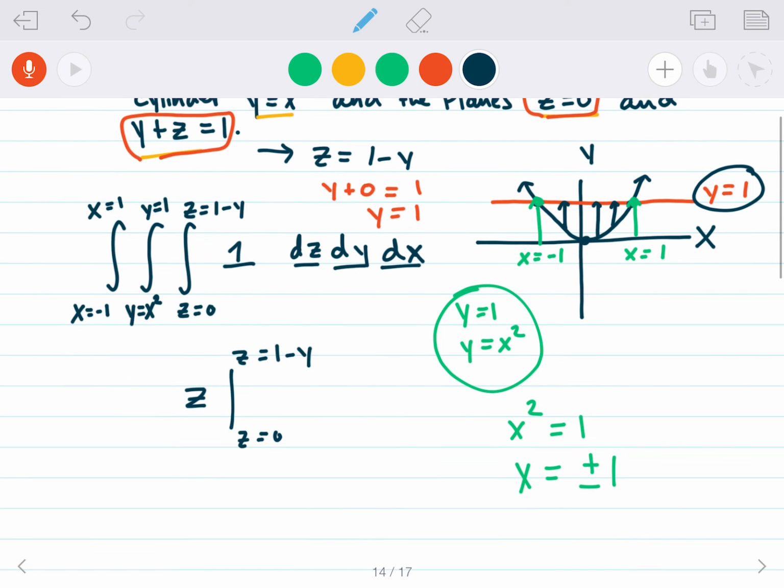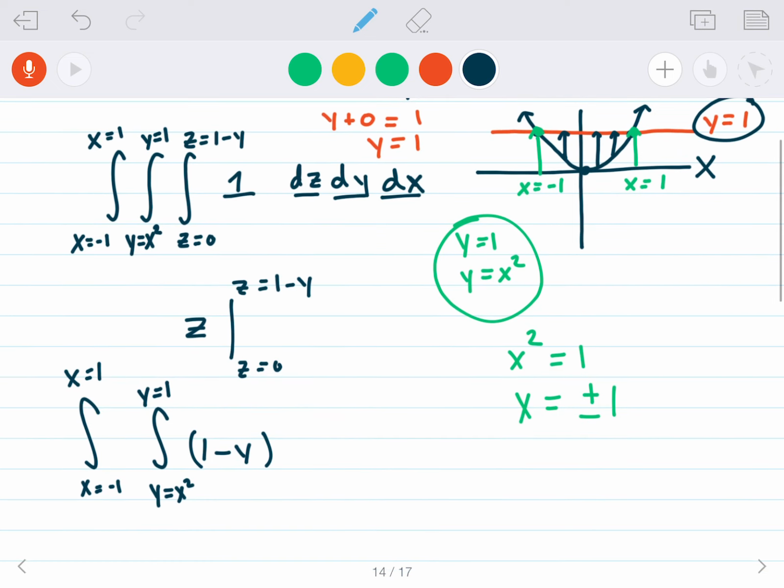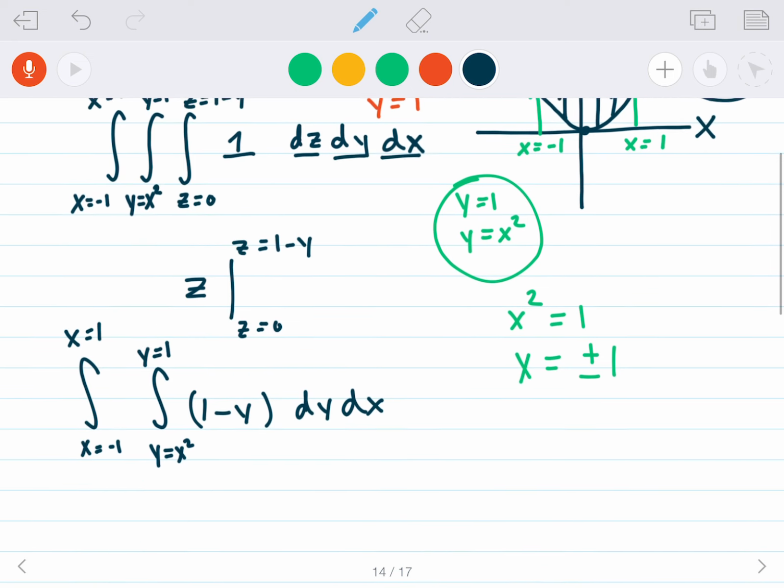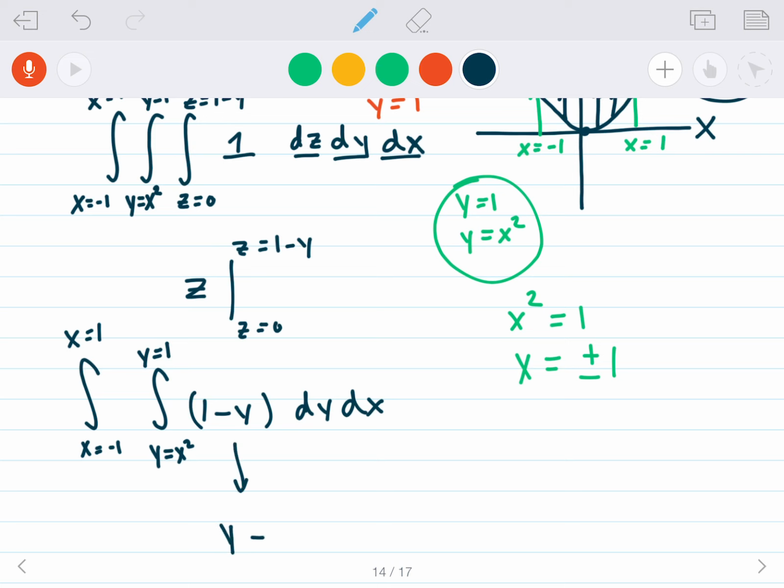So that's just going to be 1 minus y. Alright, and I'm going to integrate from y equals x squared to y equals 1, and then from x equals -1 to x equals 1, dy dx.